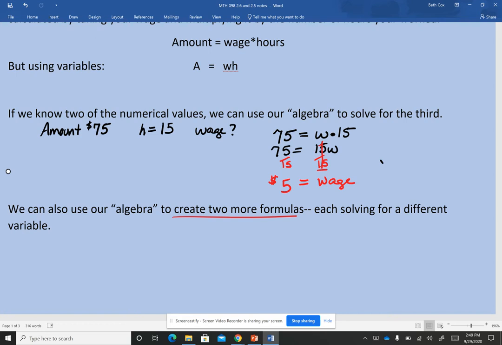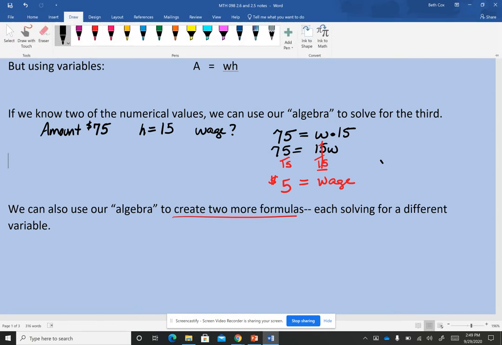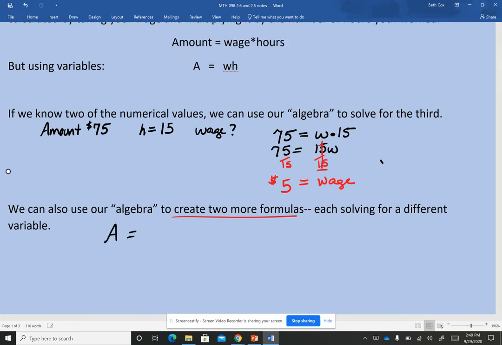For example, this formula is currently in the form of A equals. I can make another formula that says W equals, and I can make another formula that says H equals, all from using my algebra. Let me show you how this works.